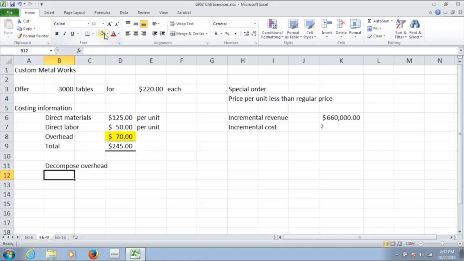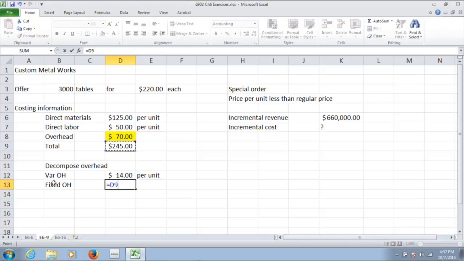overhead, we have variable overhead, which is $14 per unit, and then the fixed portion is based on this volume. We have $56 per unit, allocated on the basis of $1.12 per direct labor dollar.